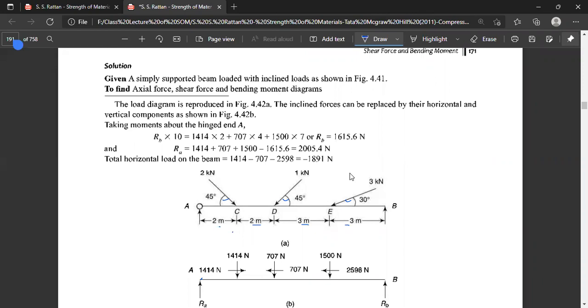Putting these on the other side of the equal to sign, these three will be positive and 1615.6, that is RB, will be negative. So as a whole, RA becomes 2005.4 Newton. The horizontal load on the beam will be 1414 minus 707 minus 2598, equal to minus 1891 Newton acting leftwards.